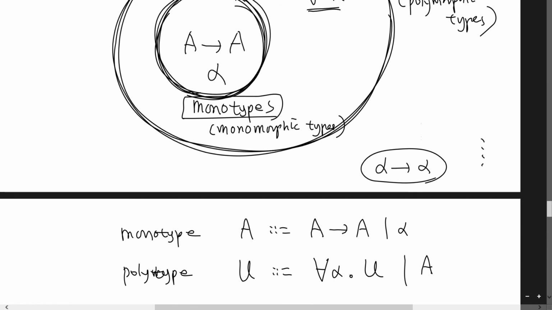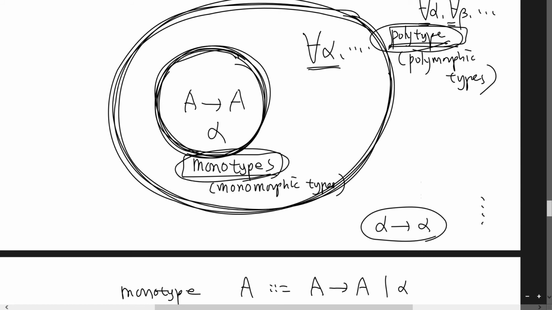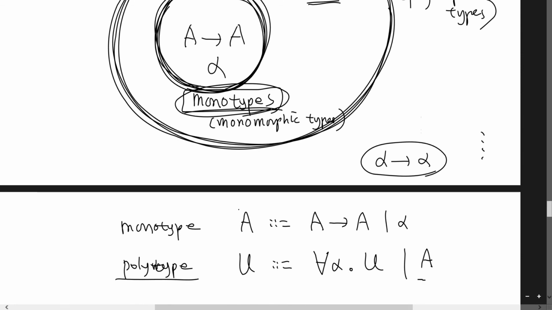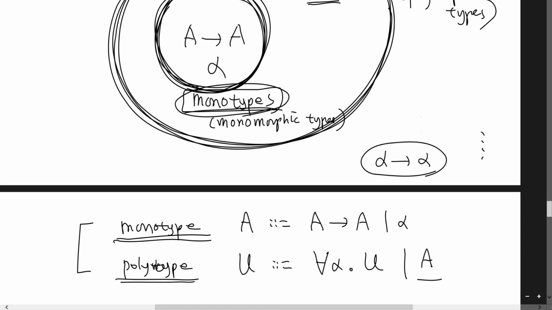Just as indicated by the presence of the inner circle inside this outer circle, these polytypes of course include the set of monotypes. In other words, a monotype is a particular class of polytypes which happen to start with no type quantifier. So polytypes of course include everything from monotypes. Now we have two syntactic categories for types, two layers, the monotype layer and the polytype layer.